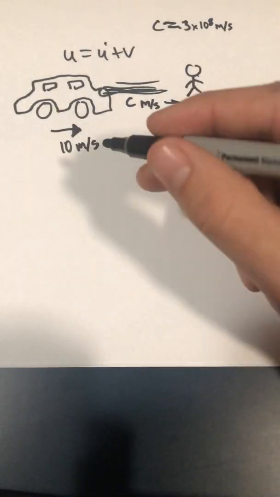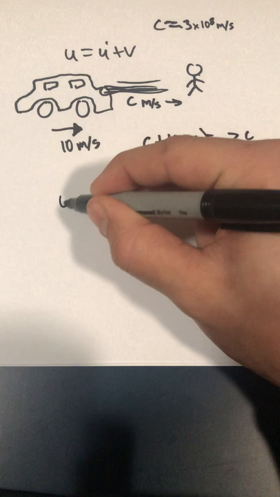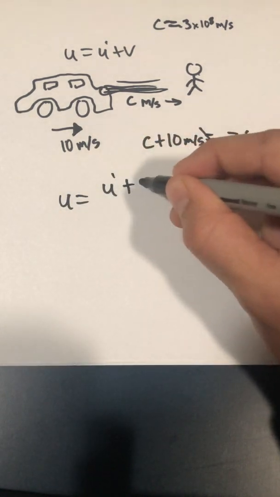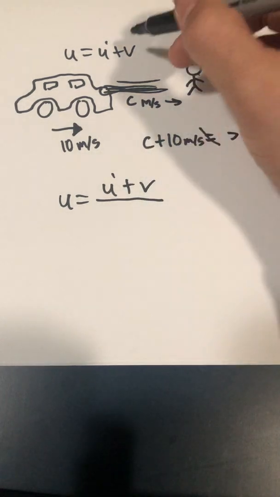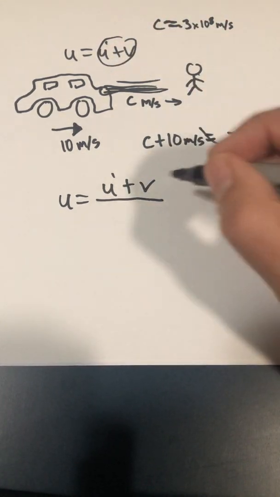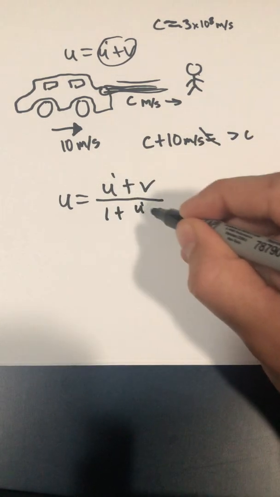Well, the correct way to calculate relativistic addition of velocities is this equation. So we have our same equation on top. That hasn't changed, but we're dividing by this new part.